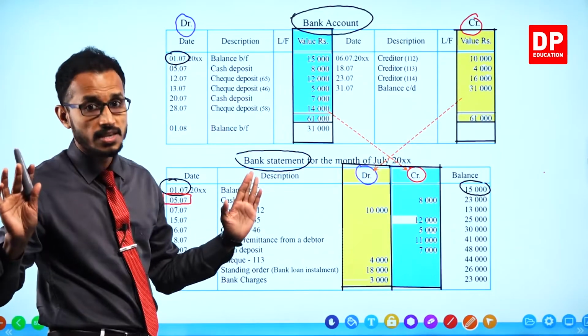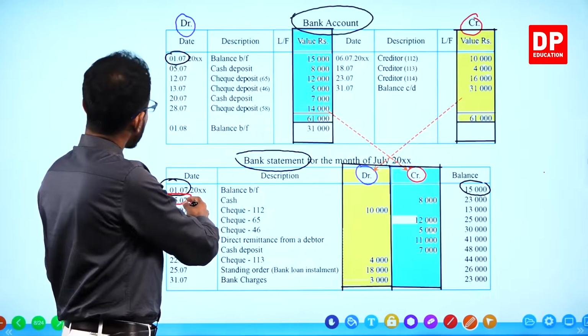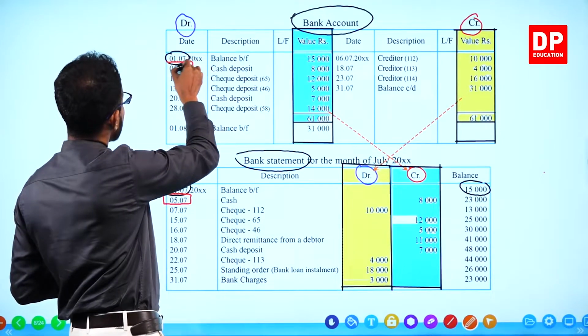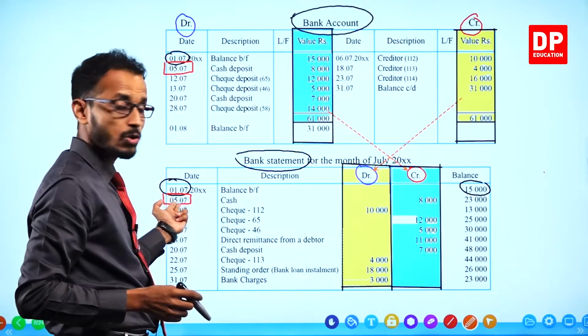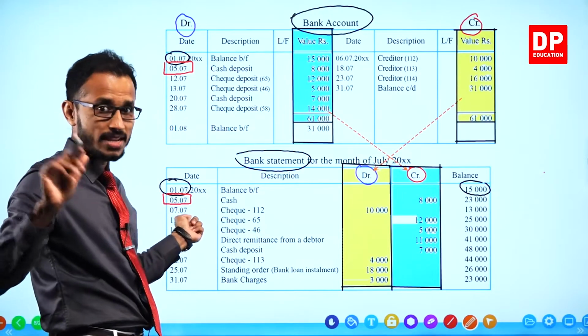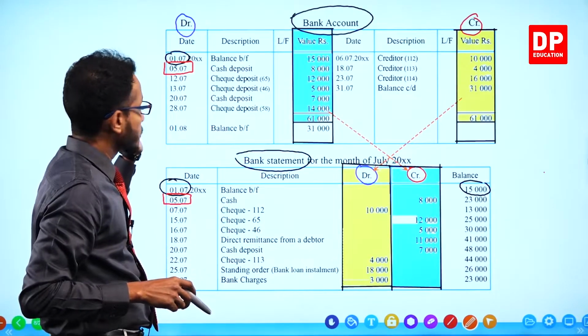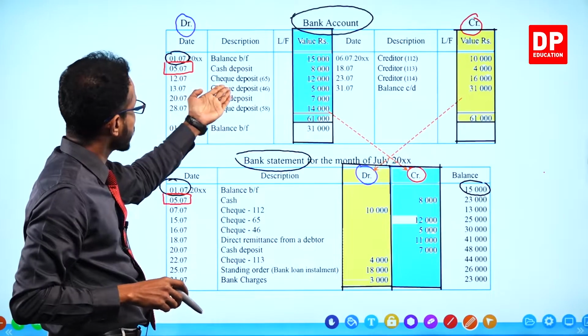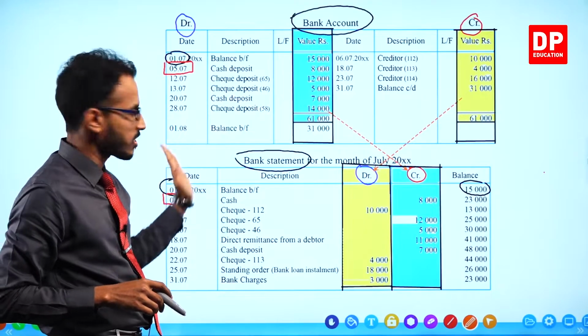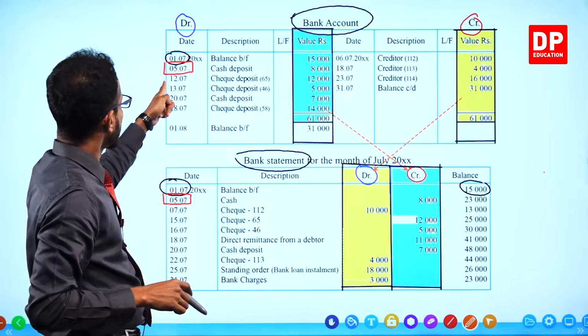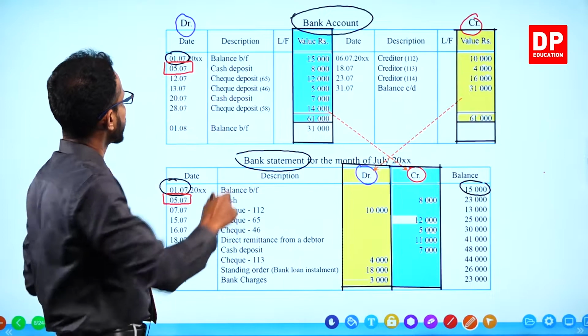The date should not be the same, because sometimes a cash deposit is done on the 5th and it goes to the statement on the 5th, the same date. Most of the time, check deposits are not mentioned in the bank statement on the same date. Example, the second deposit, 12th.